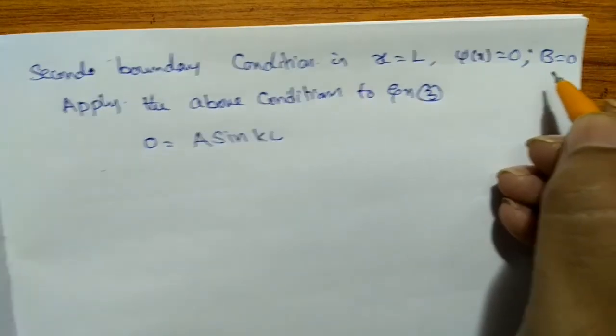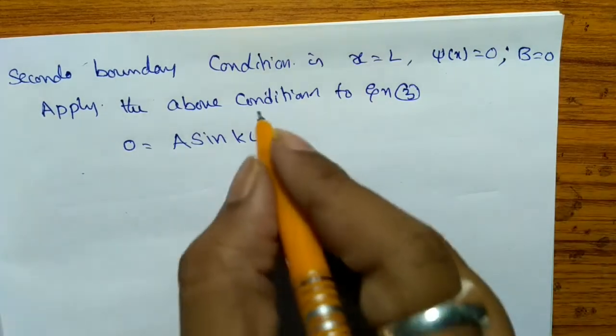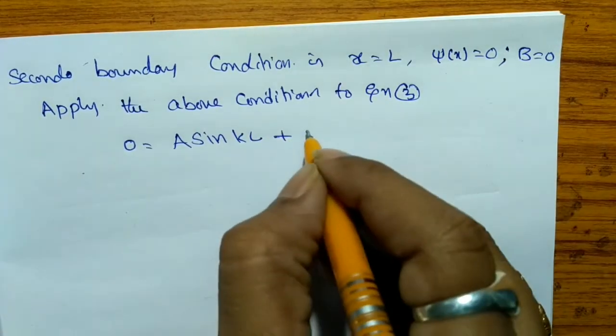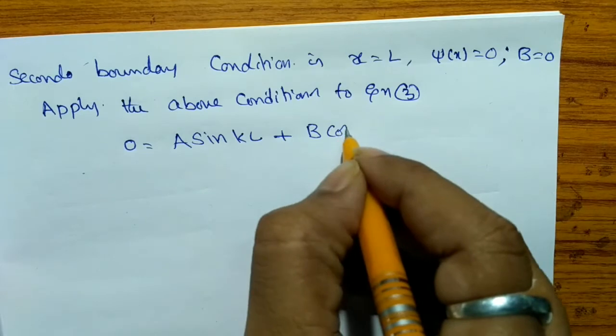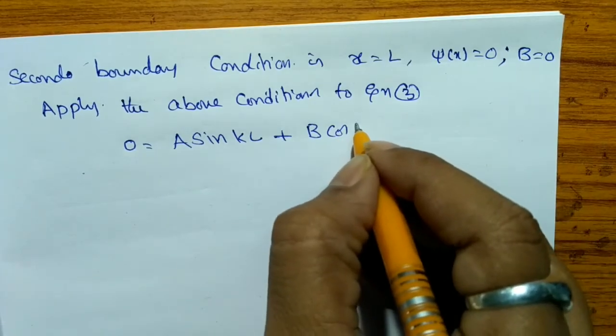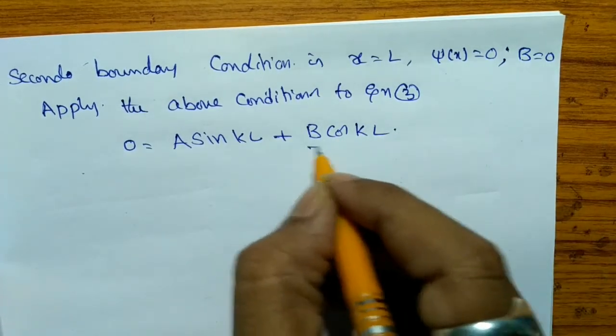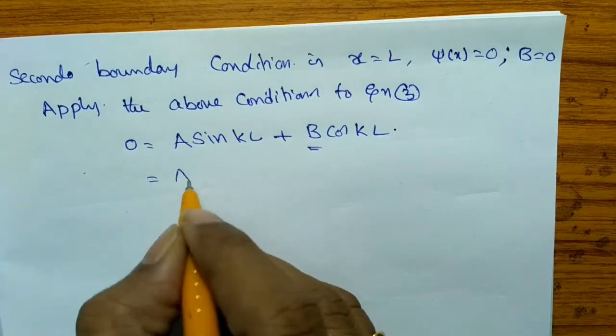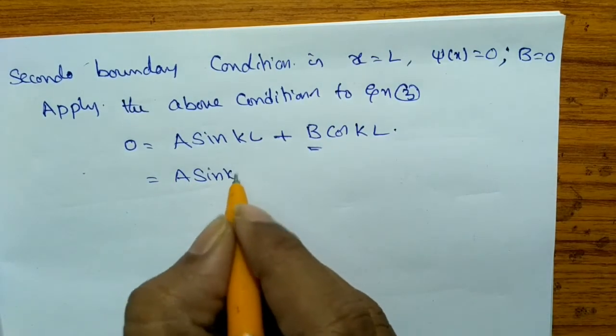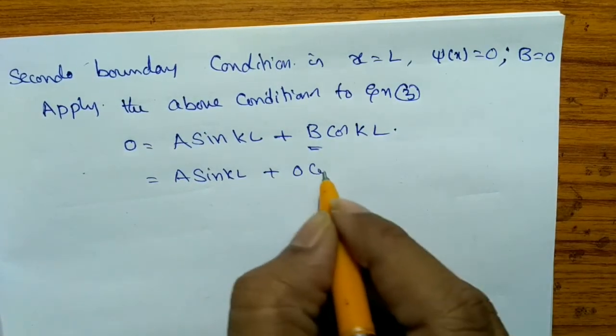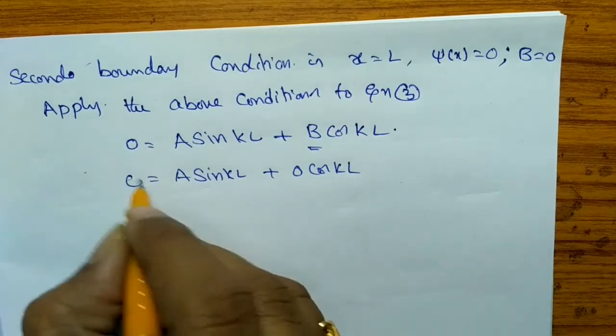But b is equal to 0, then a sin kL plus 0 cos kL is equal to 0.